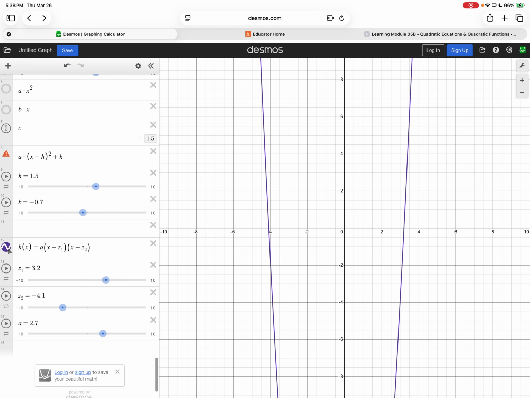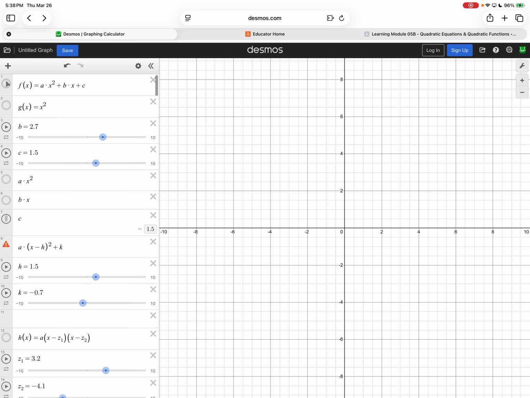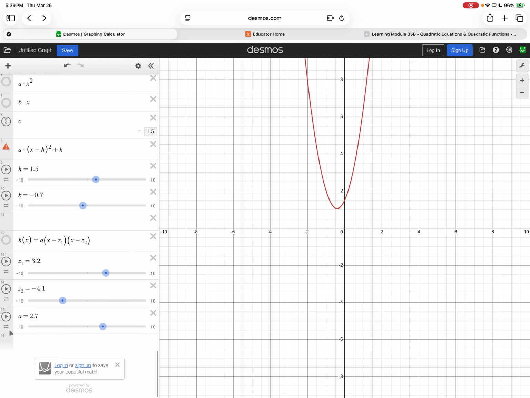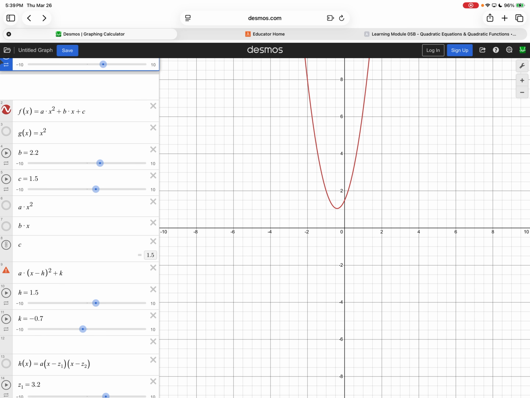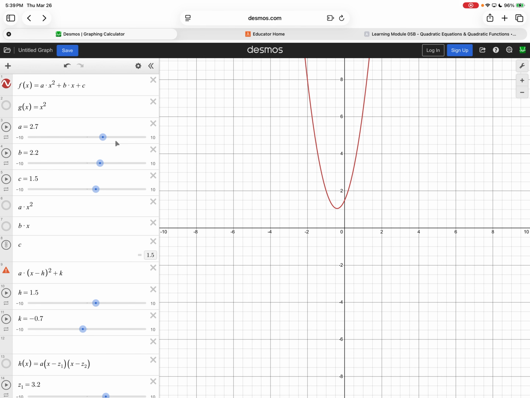What? Why is that? Well, check this dude out. I don't know where my a went, but look at this. Where does this guy cross the x-axis at? What would you have to plug into the function for, I forget, where's my a? 2.7 x squared, right? Here we could actually do this.